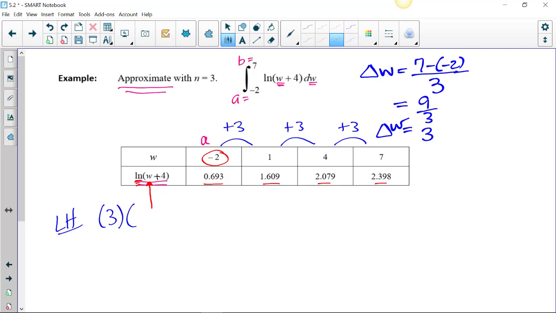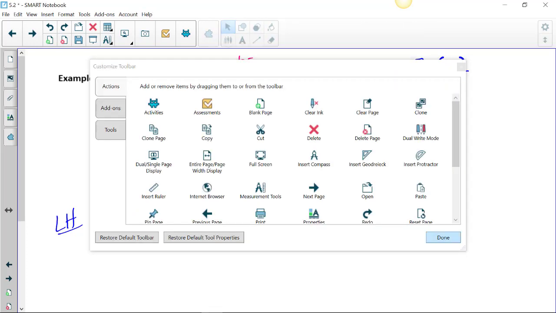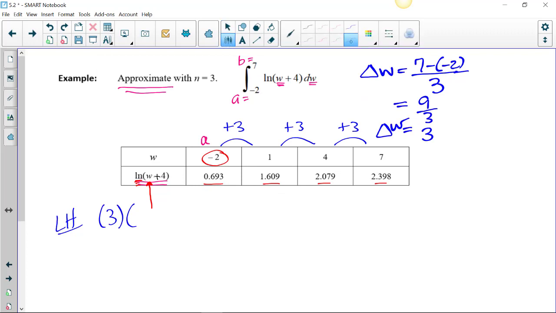So if I'm doing left, then I'm going to start with the first one. Okay, and then I'm going to use how many heights? 3, because I have 3 rectangles. Okay, so then I'm going to add those up.